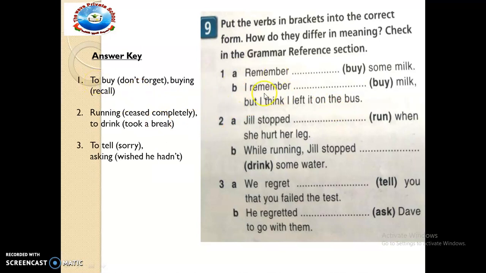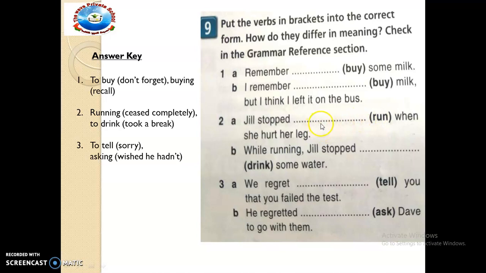Now you can see: remember to buy some milk. That is to say, don't forget to buy some milk. This one: I remember buying milk, but I think I left it on the bus. Here, it means I recalled buying the milk, but I forgot it.